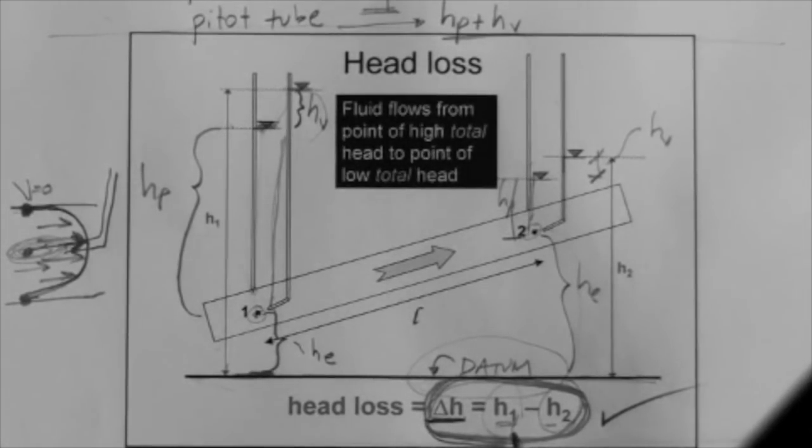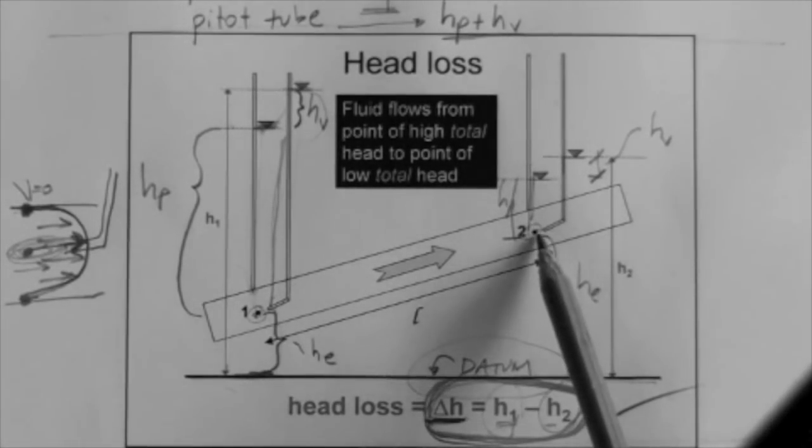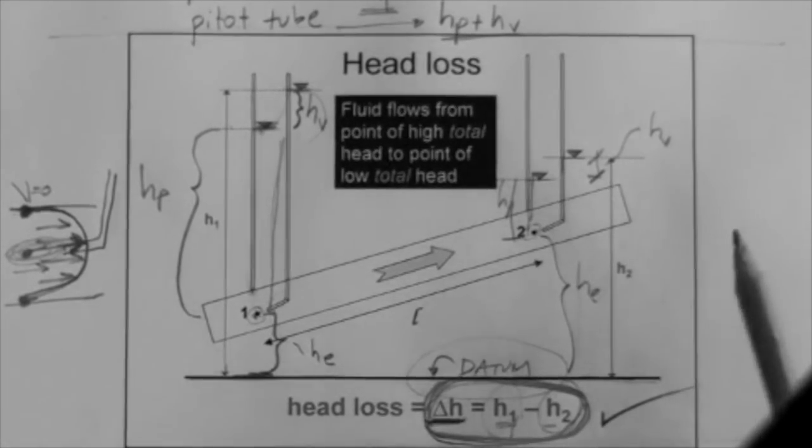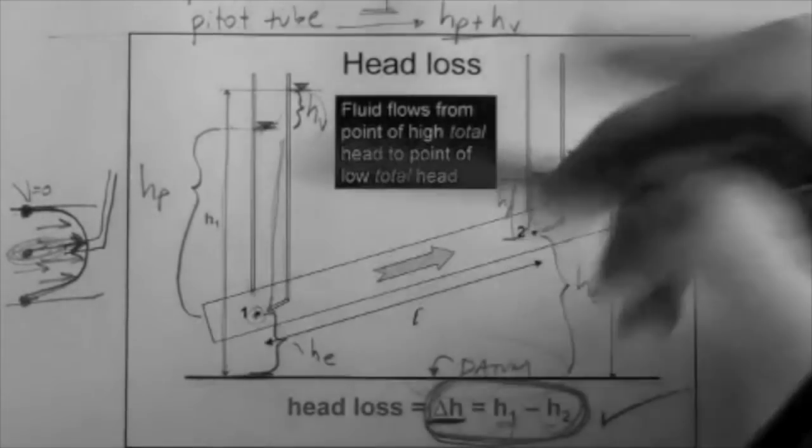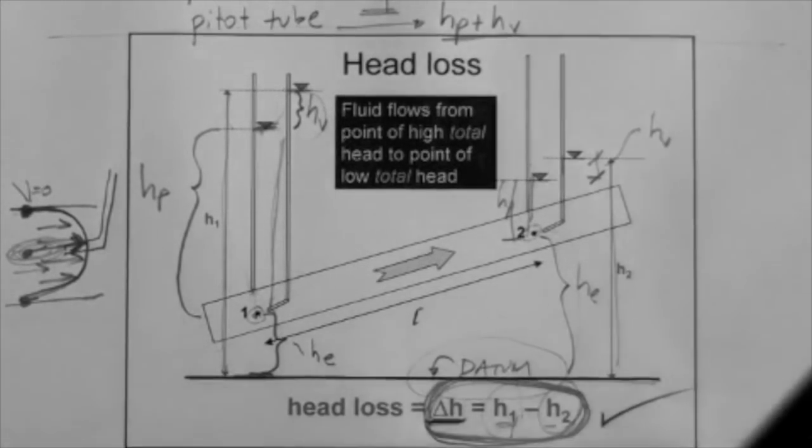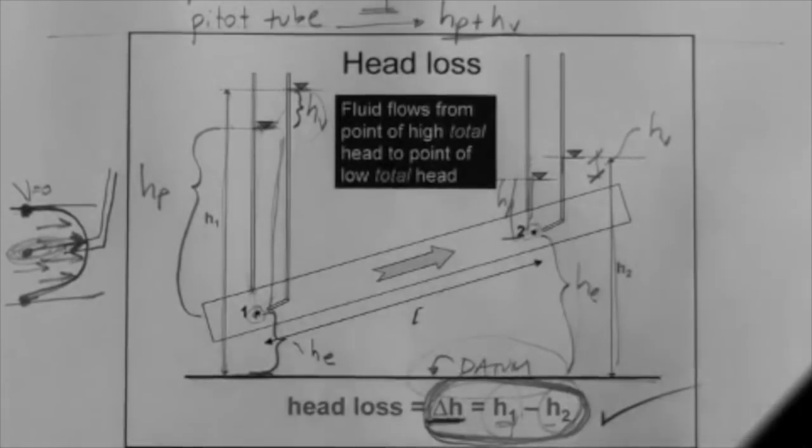So the difference in total heads is the difference in energy that drives the flow, and that is delta H. If delta H is 0, there's no flow between the 2 points associated with that calculation. In this case, the total head at 1 is larger than the total head at 2. Therefore, there is flow from 1 to 2, and the flow is driven by that difference.